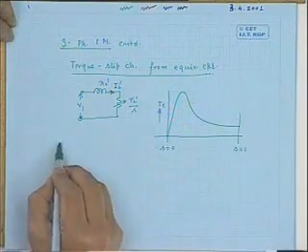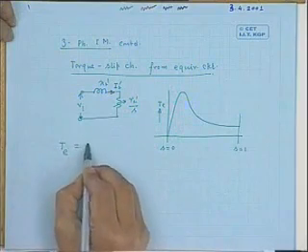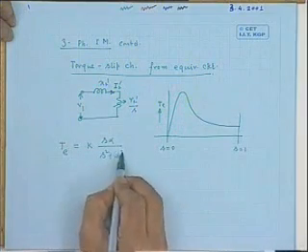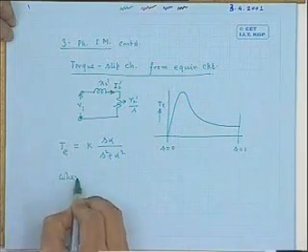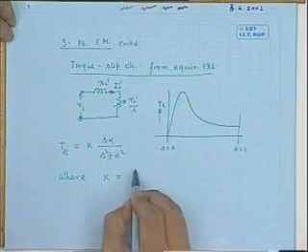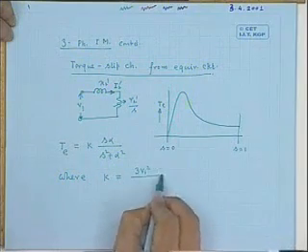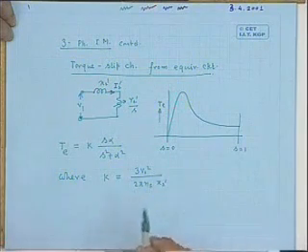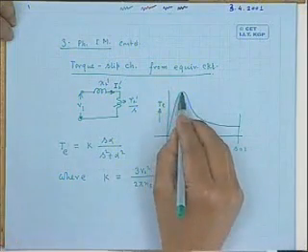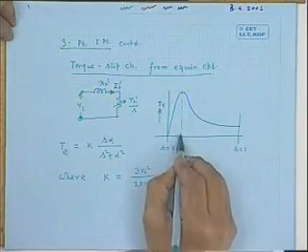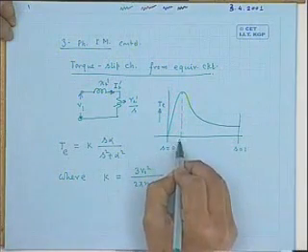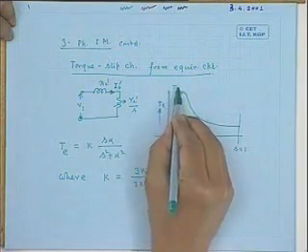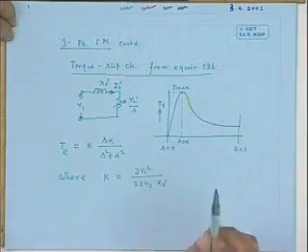The expression of the torque developed by the machine is given by this simple expression, with S squared plus alpha squared, where K is given by 3V1 squared by 2 pi ns into x2 dashed, if you remember. And also you remember that the slip at which maximum torque occurs is S equal to alpha, and this is Tmax, or sometimes called the pull-out torque of the machine.